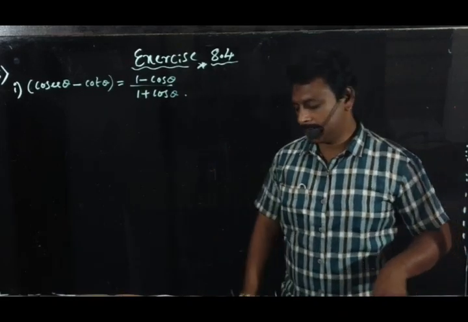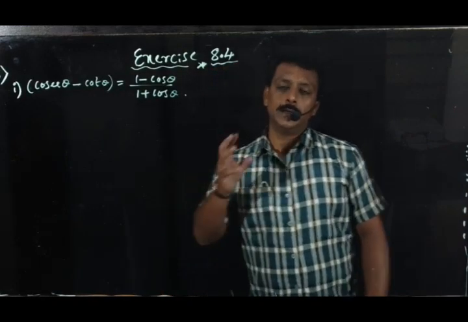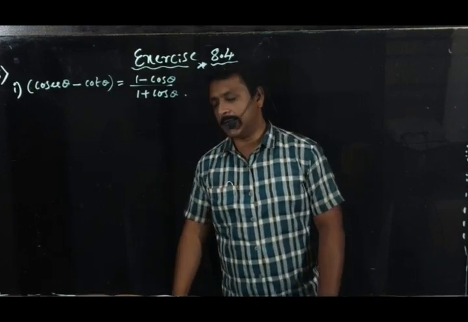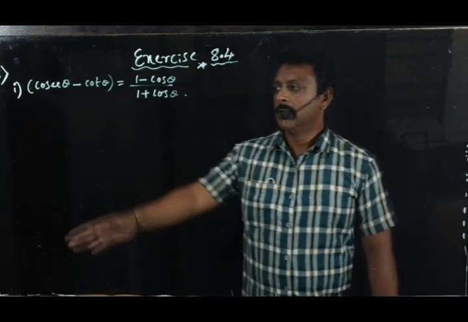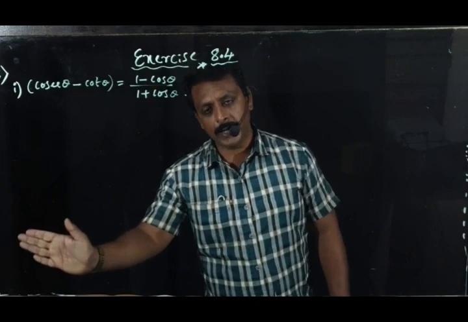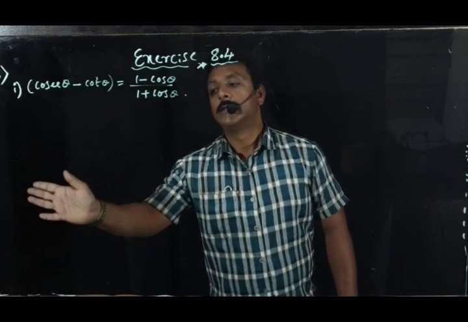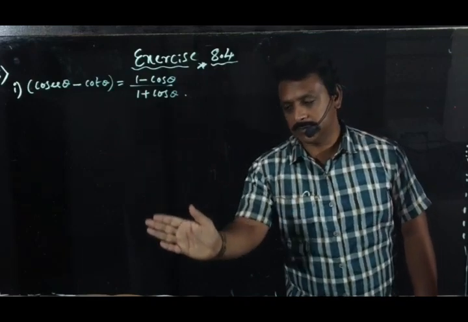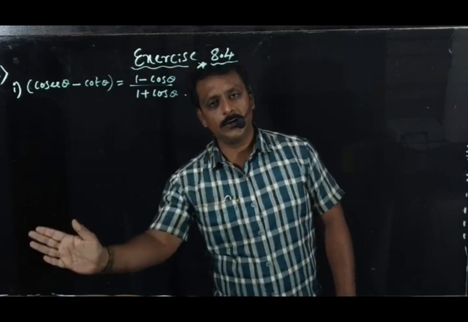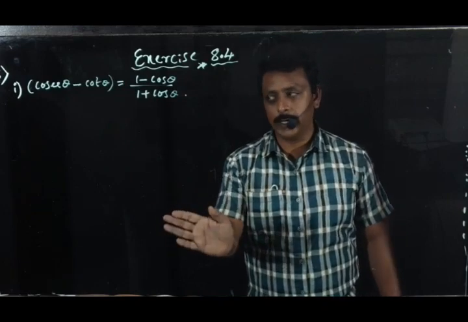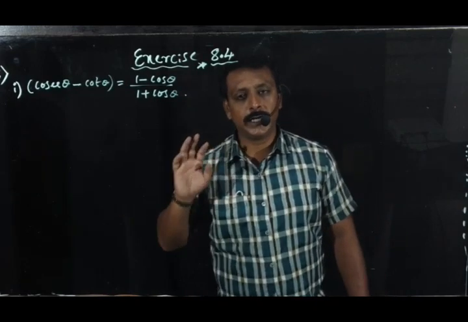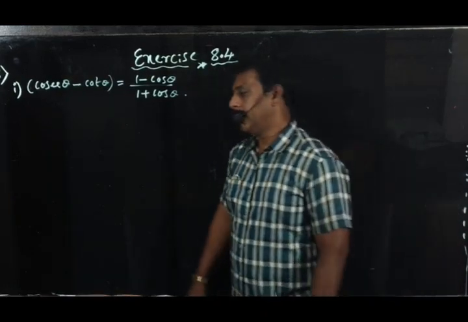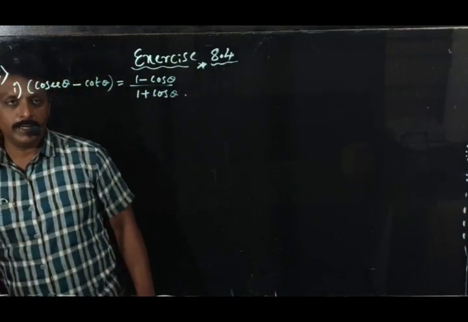The third method is in very limited cases, in which we solve LHS and RHS separately, and both give us the same answer. This is the third type of proving trigonometric identity sums.